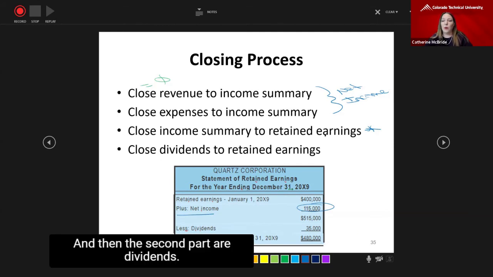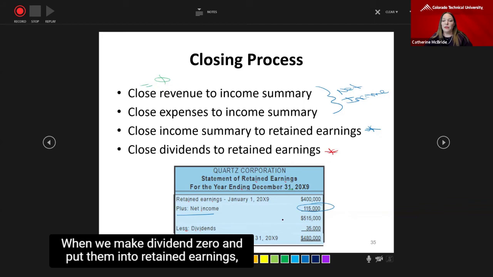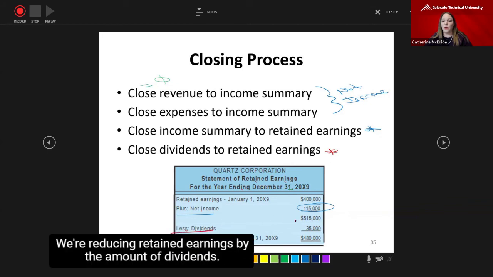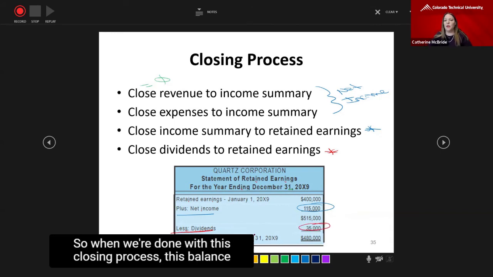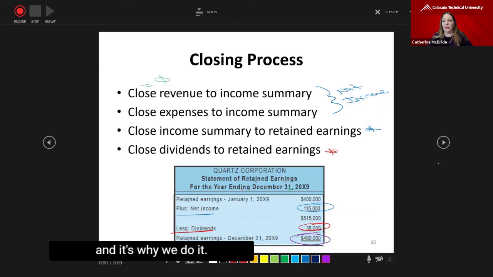And then the second part is dividends. When we make dividends zero and put them into retained earnings, we're reducing retained earnings by the amount of dividends. So when we're done with the closing process, this balance in retained earnings is what we'll see on our books. From a high level, those are the steps of the closing process, and it's why we do it.